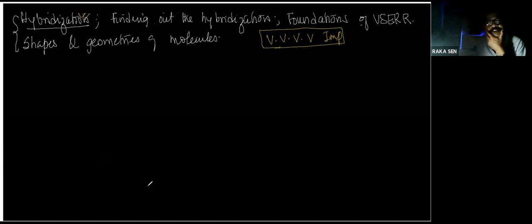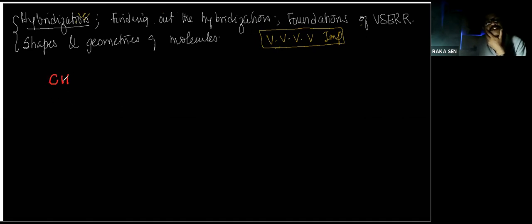Now, first I am going to draw the geometry or the structure of methane. This is what we call methane. We are going to draw the geometry of this structure at the beginning. Now, it is a tetrahedral molecule.